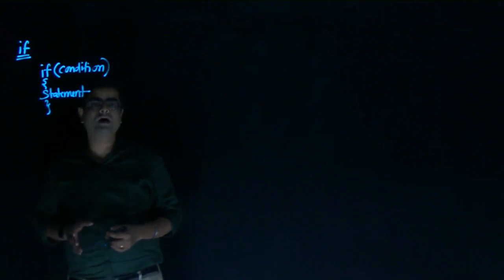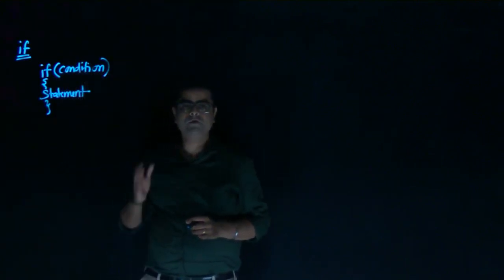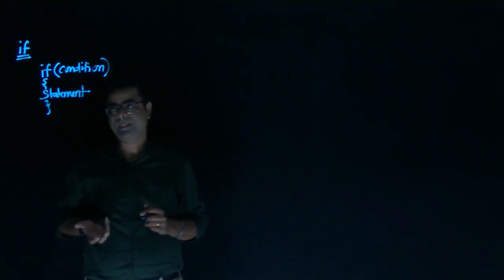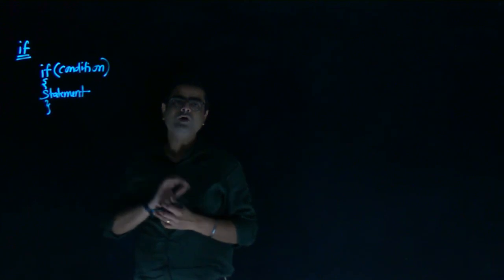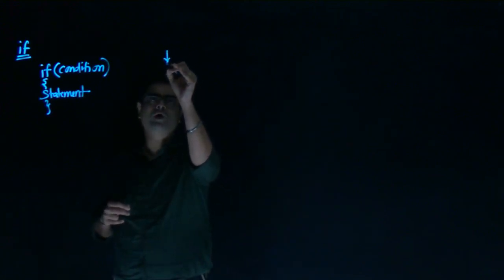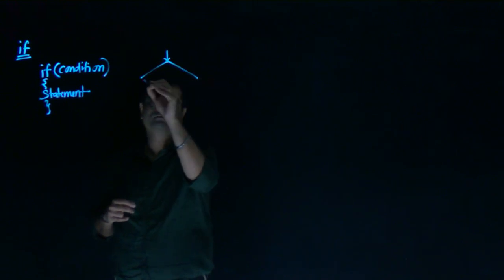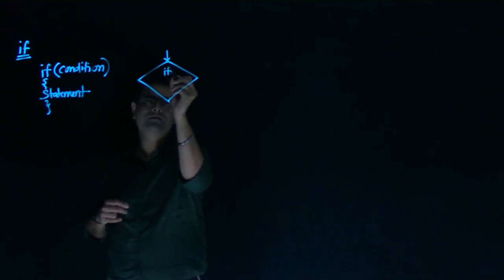If you want to draw a flowchart for this particular syntax, the flowchart will look like this. The syntax starts with if and condition. We all know that to represent a condition inside a flowchart, we need to draw a rhombus. So inside a rhombus, we write if and condition.